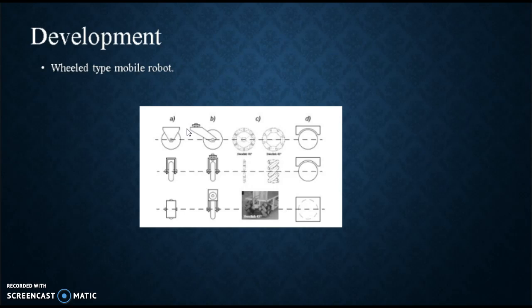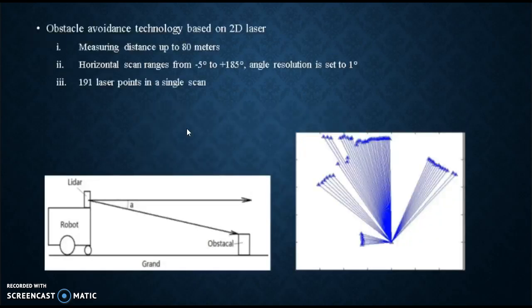Class C is the Swedish wheel, which has 3 degrees of freedom: rotation around the wheel axle, around the rollers, and around the contact point. Lastly, class D is the ball or spherical wheel, whose realization is technically difficult.